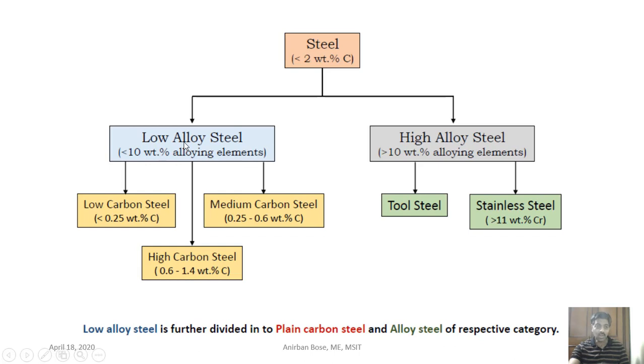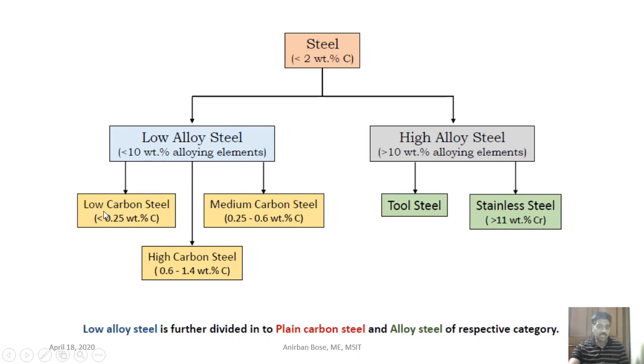In the low alloy steel, if the alloying elements are less than 10%, then we call it a low alloy steel, and if the alloying element is more than 10%, then it is high alloy steel. Now this low alloy steel can be of two kinds. It can be either plain carbon steel or it can be low alloy steels, that means the alloy steels.